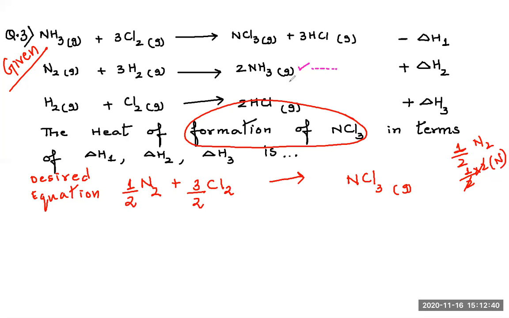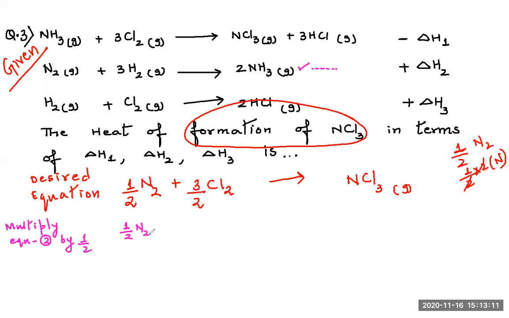Now, N2 is in equation 2, but in equation 2, it is on the left, and I want also on the left. It is 1, but I want only half. So the very first thing I will do is, I will multiply equation 2 by half, first thing, because I want half N2. So I multiply it.